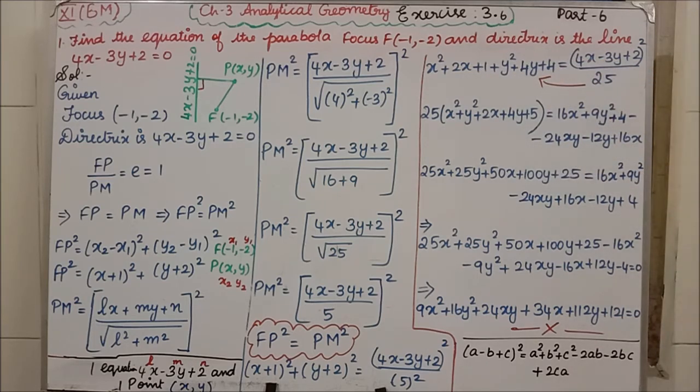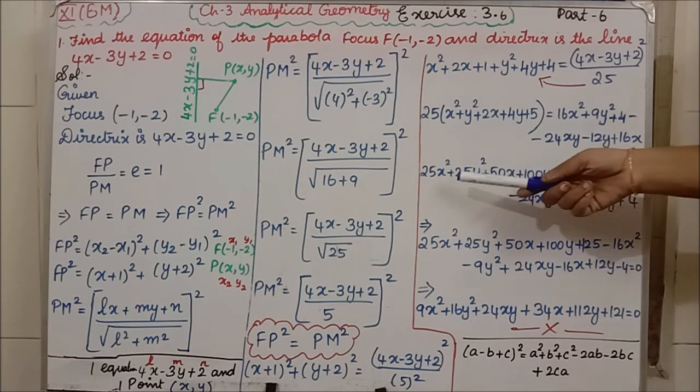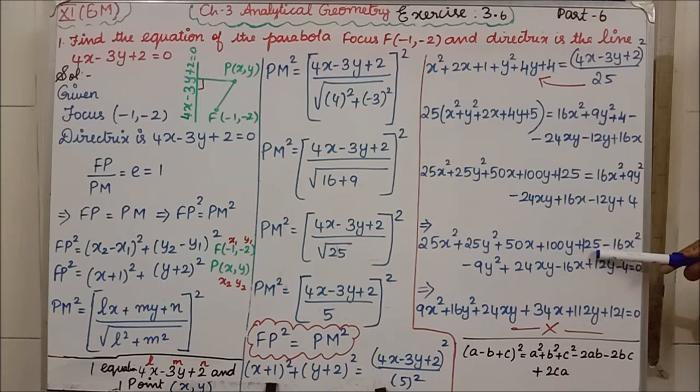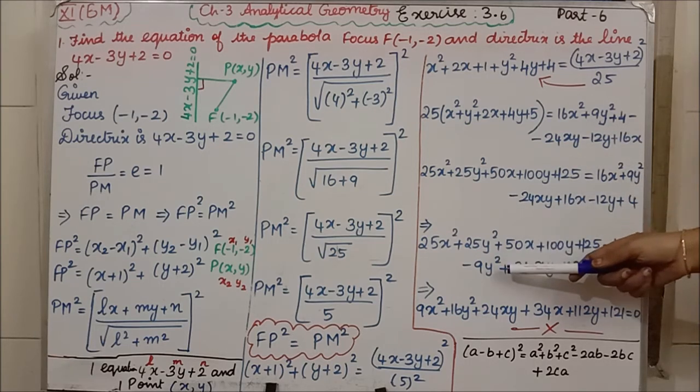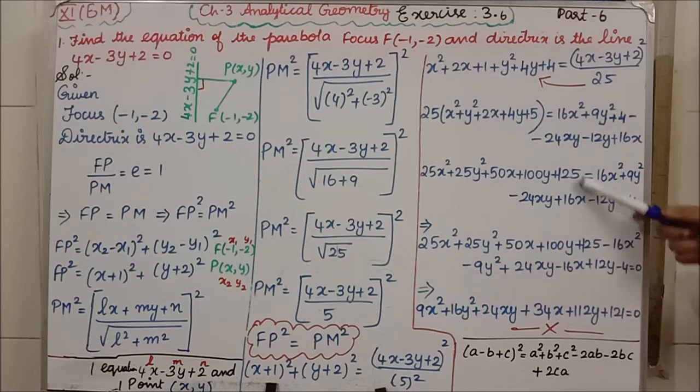Can you understand it? Clear, students? In the next step, I am taking all the right hand side terms to the left hand side itself. If you see, up to 125 I have written, then plus 16x square comes to this side, minus 9y square plus 24xy minus 16x plus 12y minus 4 equal to 0.